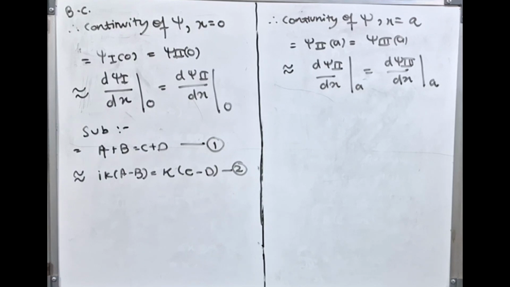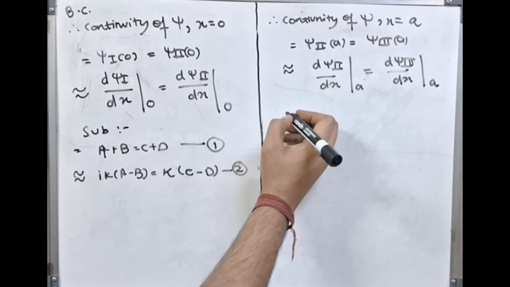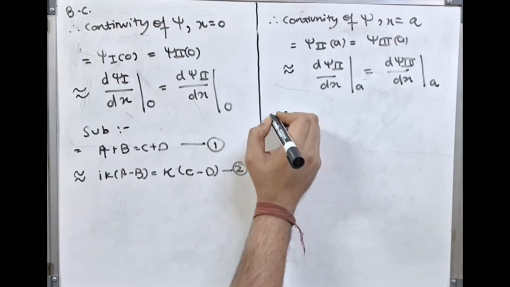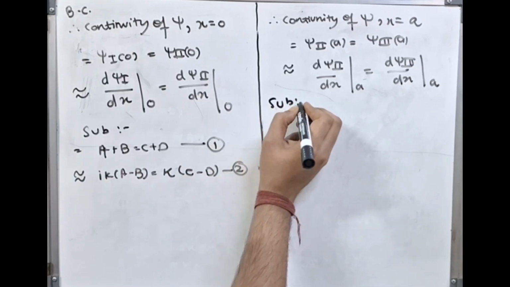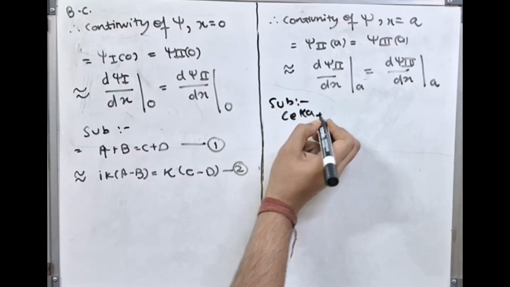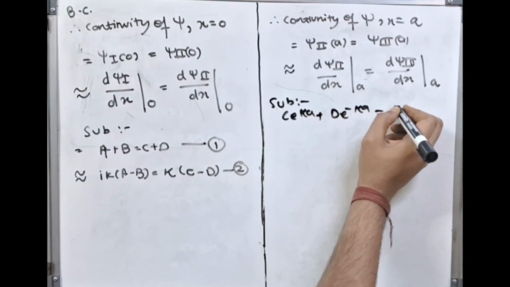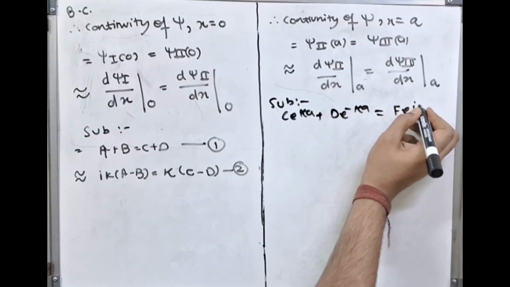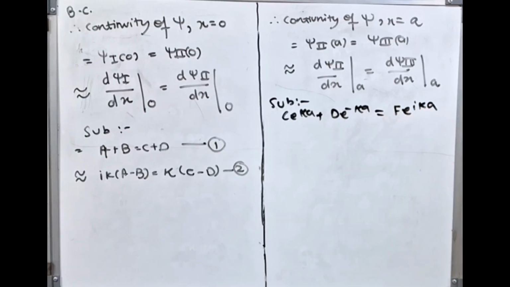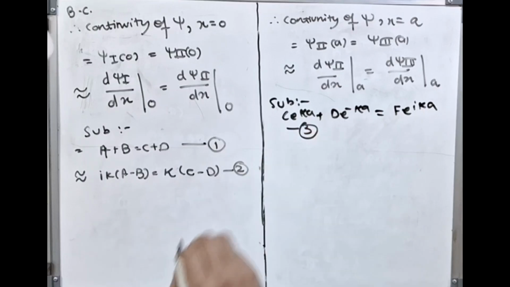Since we are doing it at x is equals to a, our equation will be c e raised to kappa a plus d e raised to minus kappa a is equals to f e raised to i k a. We are going to call this as equation 3.